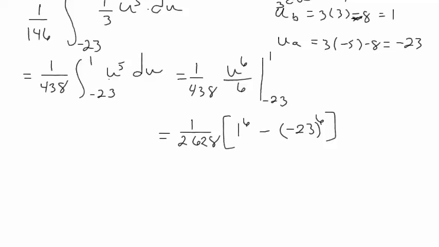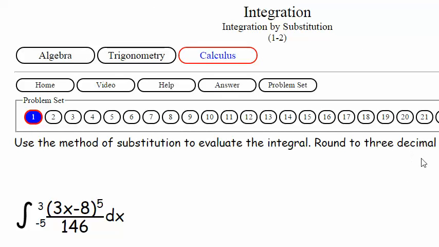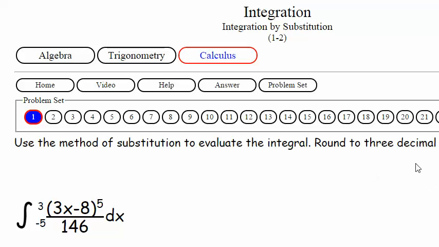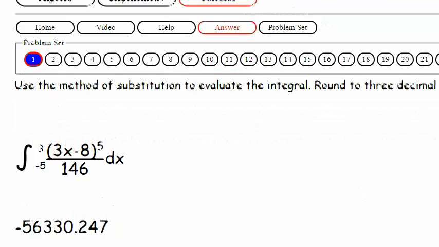But anyway, what were we supposed to round this to? 3 decimal places. Approximately -56330.247.